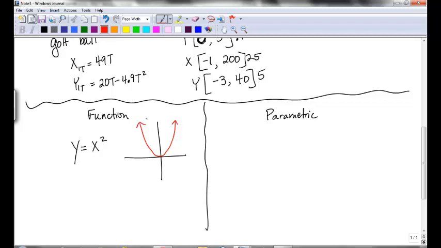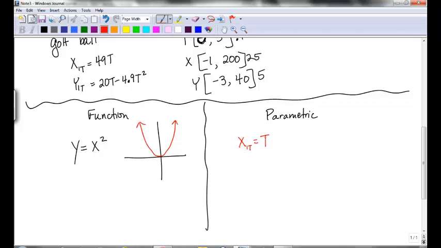If I want to graph it in parametric mode, I need two equations. You always let the x equal t. So my x sub 1t is just going to be t.